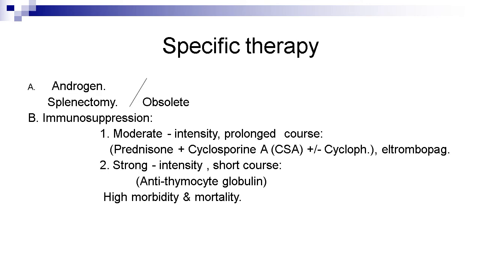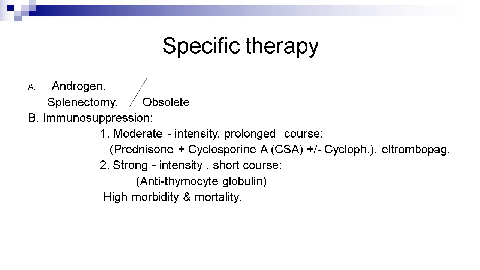On the other hand, specific therapy was also used. There have been androgens, and splenectomy was used for a long time as a specific therapy for aplastic anemia, but nowadays they are obsolete. They are no more used.